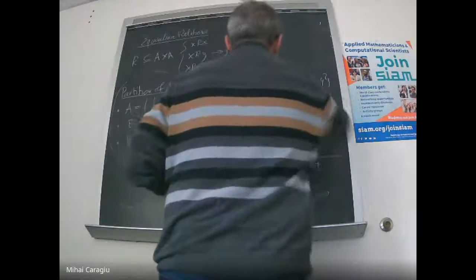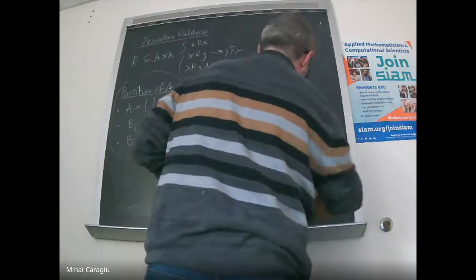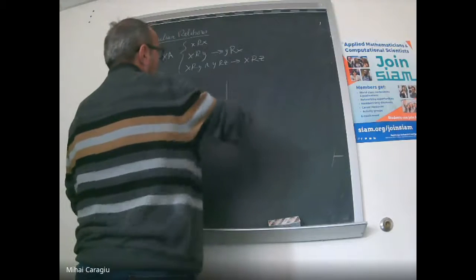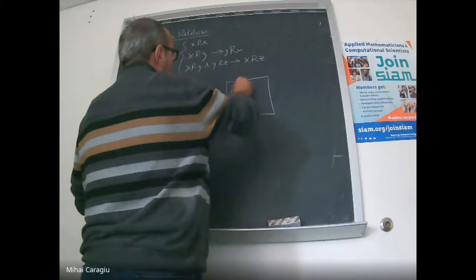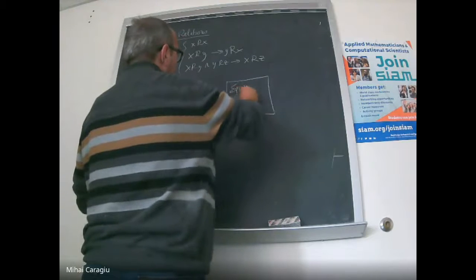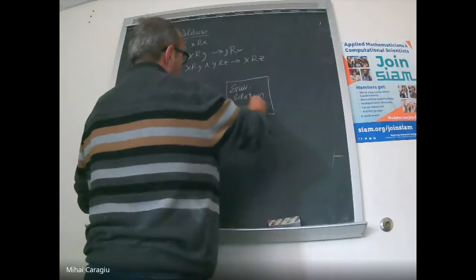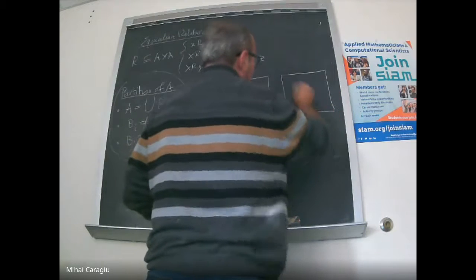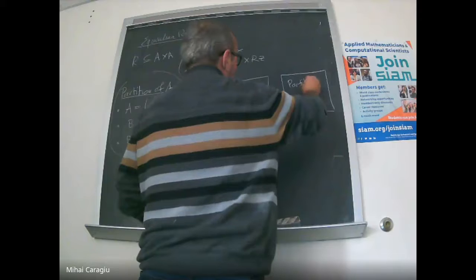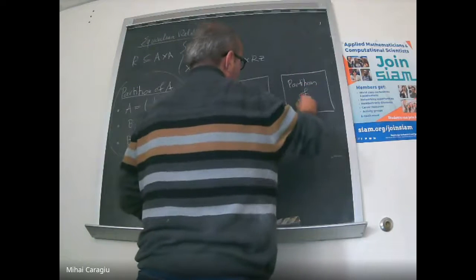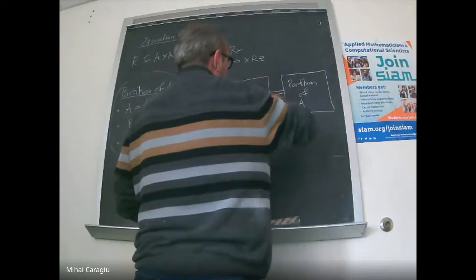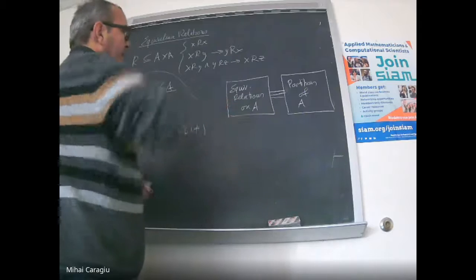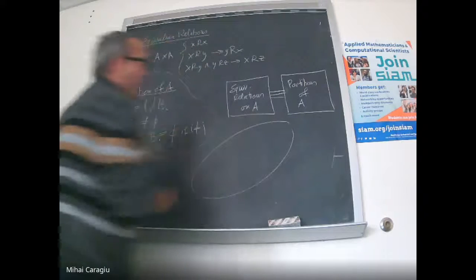So we have a very important theorem: equivalence relations on A are basically the same thing as the partitions of A. So they are to be identified with each other. Every equivalence relation induces a partition, and for every partition, okay, so how to go from partitions to equivalence relations.